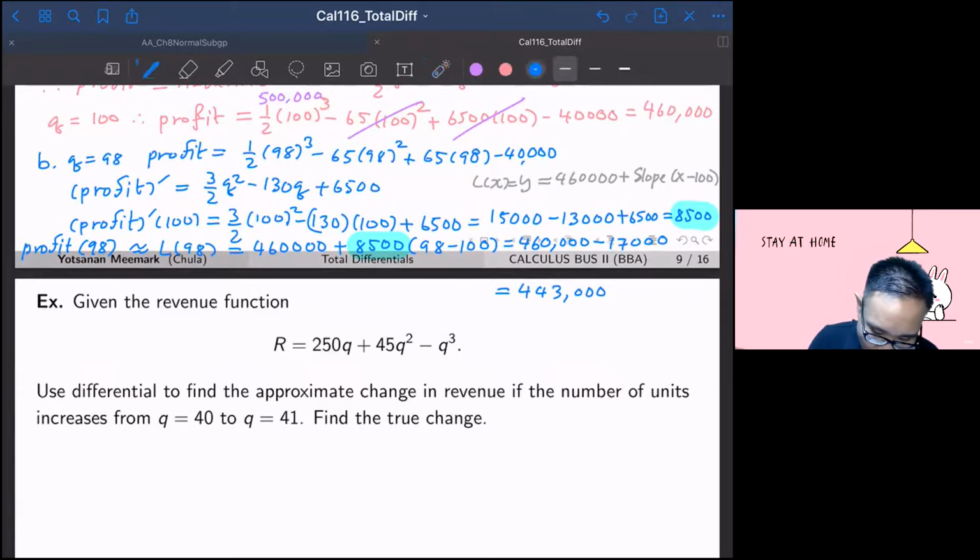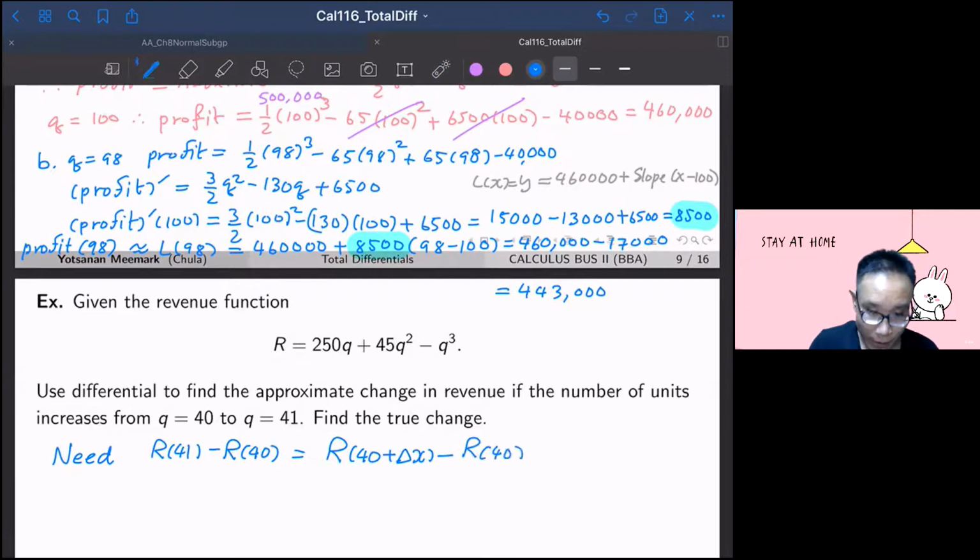So what we need is 41 subtract 40. In this case, this is 40 plus delta x minus 40, and your delta x equals 1.